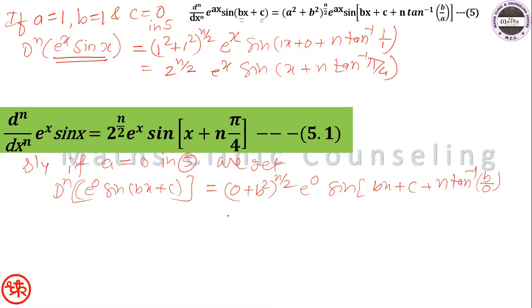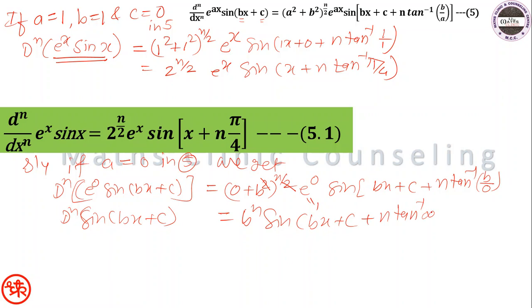So it will be equal to d^n of e to the power 0, which is 1, sin bx plus c, and that is equal to b square to the power n by 2, the 2 cancels, so b to the power n, e to the power 0 is 1, sin of bx plus c plus n tan inverse infinity, and tan inverse infinity is how much? pi by 2.